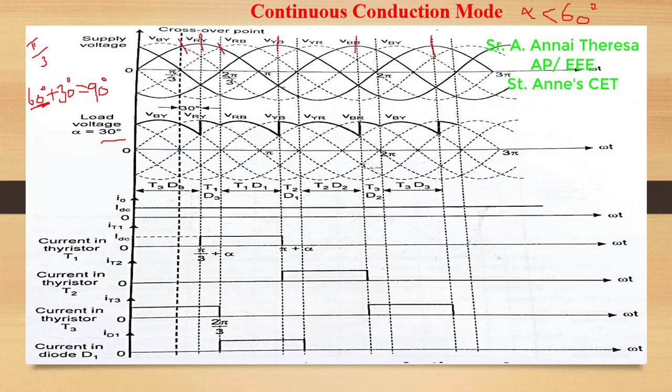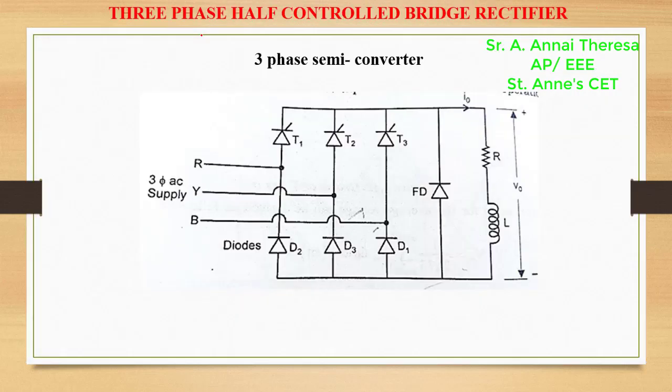So which thyristor and diode are connected between R and Y? In this diagram, this is R and this is Y. With R, thyristor 1 is connected, and with Y, from the lower arm, D3 is connected.